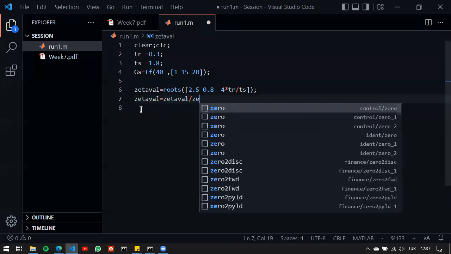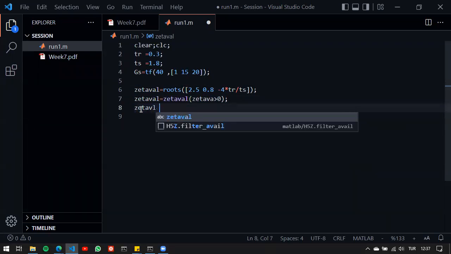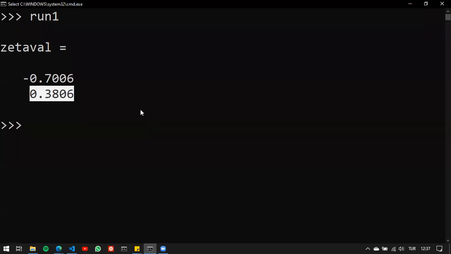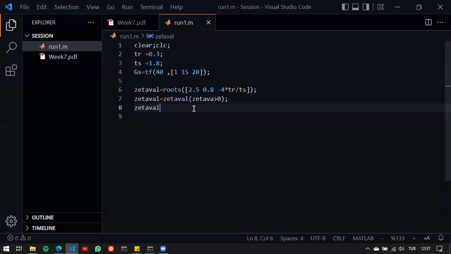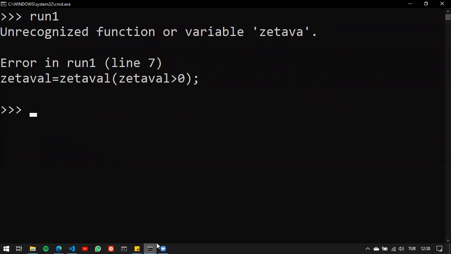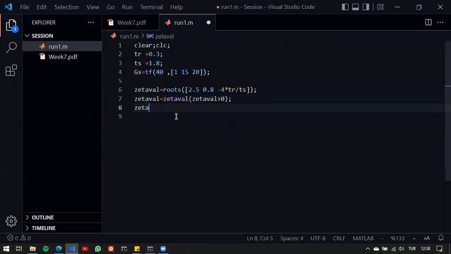Zeta val positive. Is there a typo? Yep. Zeta val. There we go. Now we know what zeta is, so we can just use the settling time here.